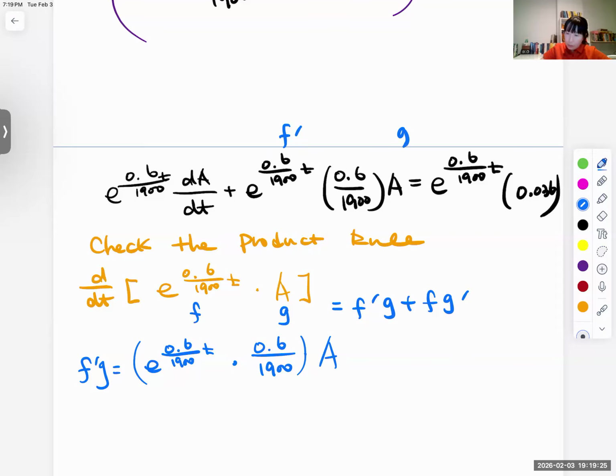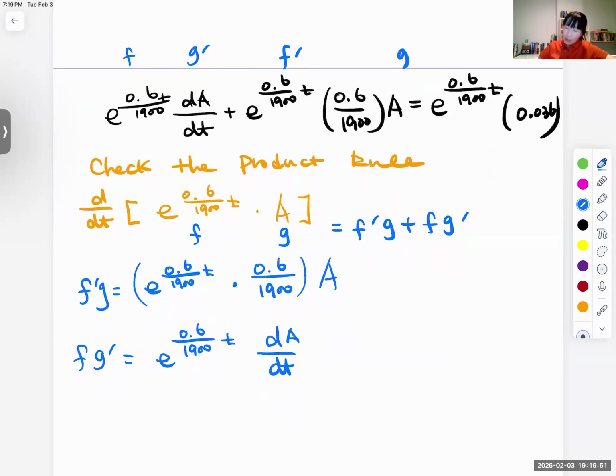Yeah? F prime G. Okay, F G prime, so F will be e to the 0.6 over 1900 t, G prime dA over dt, right? Okay, then it will be F G prime then, right?